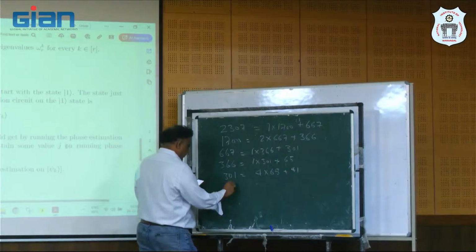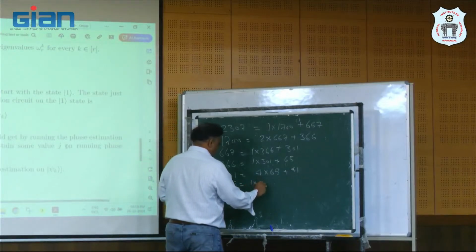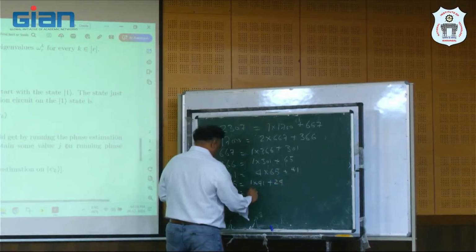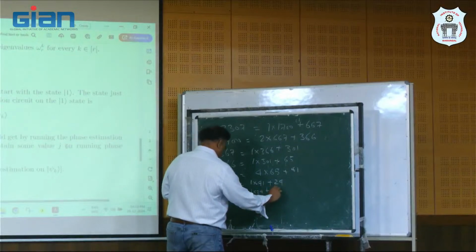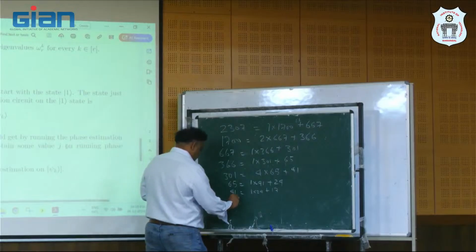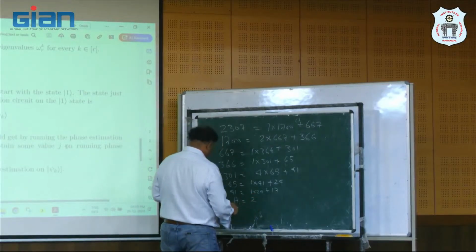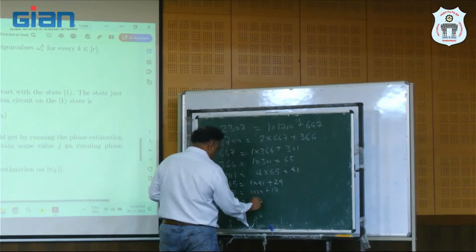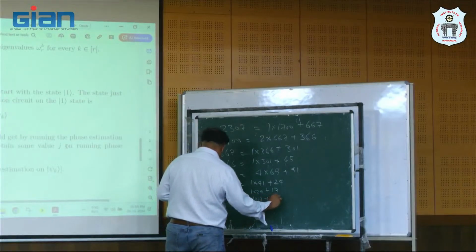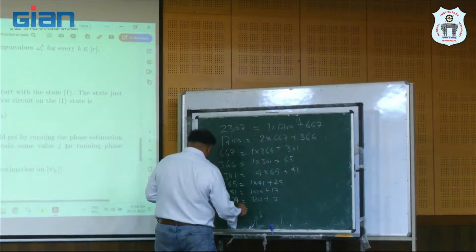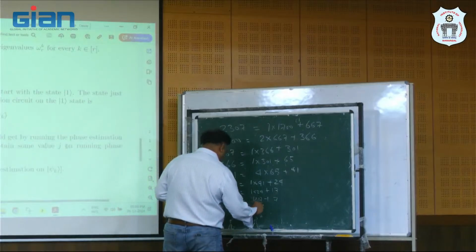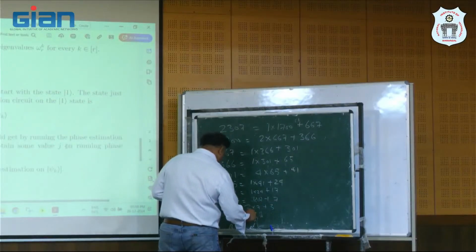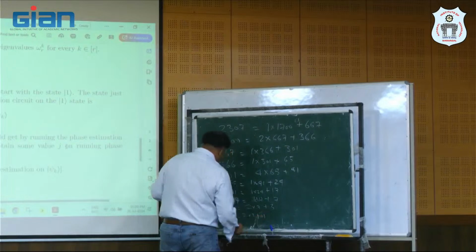Then 65 equals 1 into 41 plus 24. 41 equals 1 into 24 plus 17. 24 equals 1 into 17 plus 7. 17 equals 2 into 7 plus 3. 7 equals 2 into 3 plus 1.